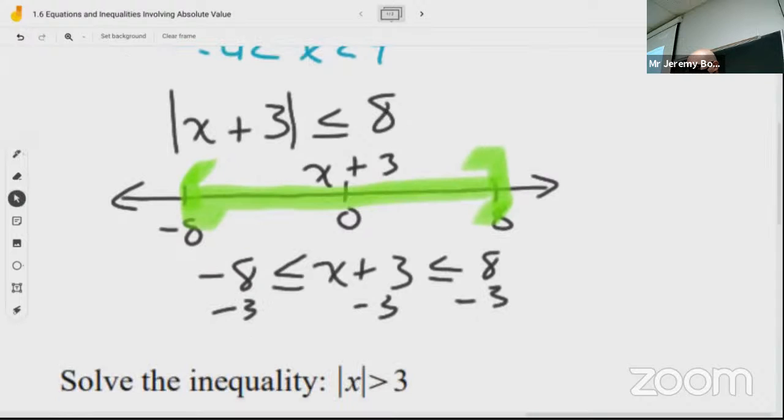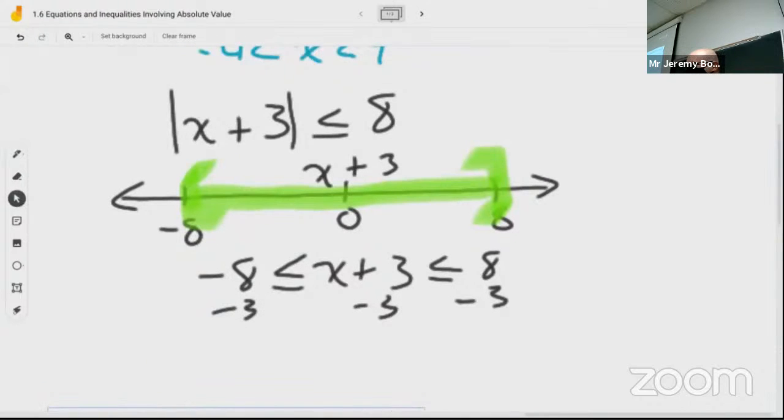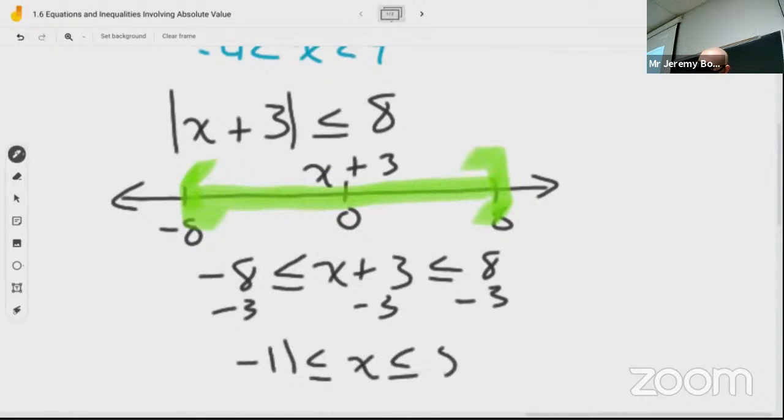And we'll end up with -11 less than or equal to x, which is less than or equal to 5. That means that x has a lower bound of -11, including -11. It has an upper bound of 5, including 5. So the interval notation would be -11 to 5, with brackets, because it includes.